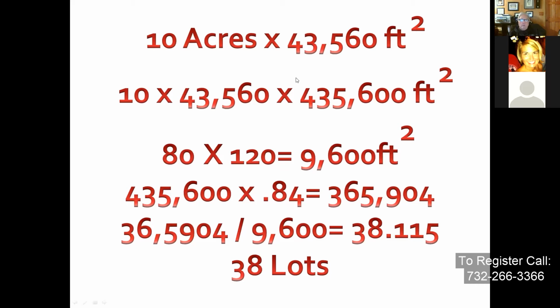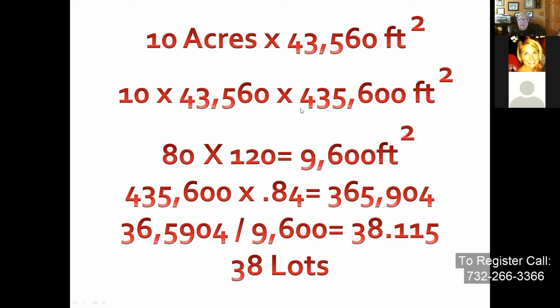You can be absolutely sure that there will be an incorrect answer that reflects 435,600 divided by 9,600, because you forgot to take out the land that's required for the streets.